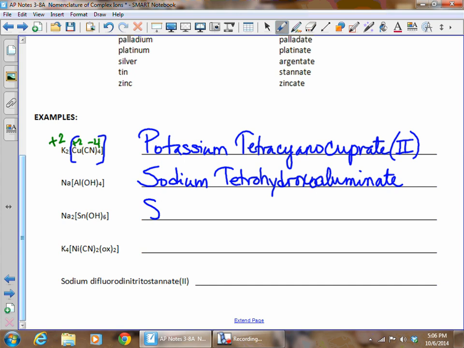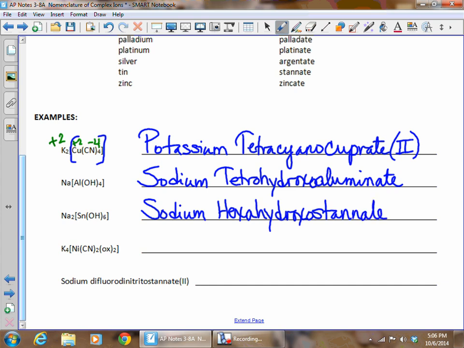The next one, sodium. Looks like we've got 6 hydroxides this time, so hexahydroxo. And now we've got Sn as our last element. And remember, Stan the plumber, this is stannate.